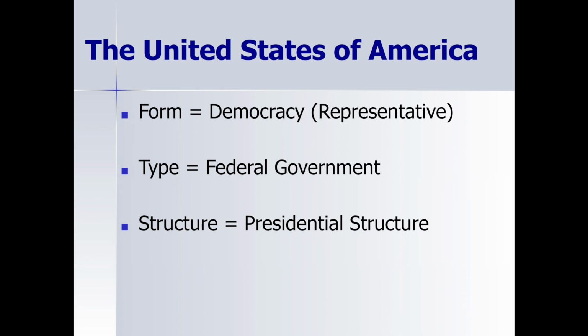And then lastly, we do use the structure of a presidential structure, but we add that judicial branch. We have that third branch that is also independent and co-equal with the other two.